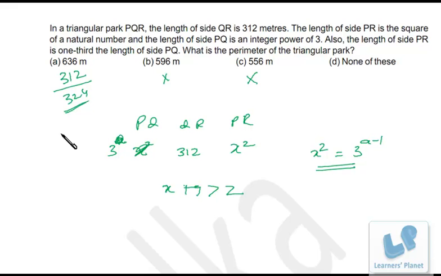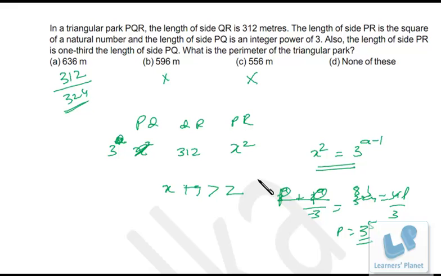Now I have to check whether 324 is the correct sum of the two remaining sides or not. One side is 3 raised to a, and the other side is x square, that is 3 raised to a minus 1, so that's 3 raised to a by 3. Suppose 3 raised to a is p, and the other is p by 3. Then 4p by 3 is 324. So p is 81 into 3, that is 3 raised to 5.